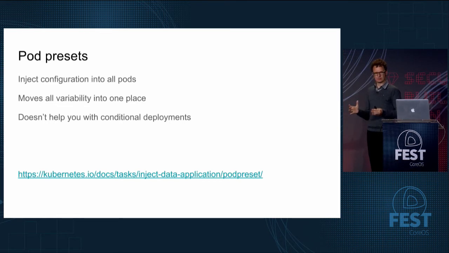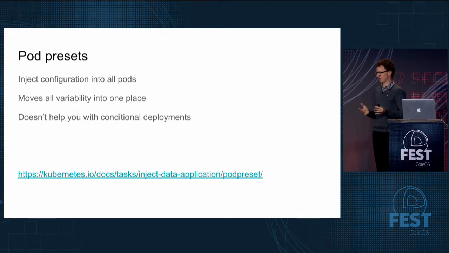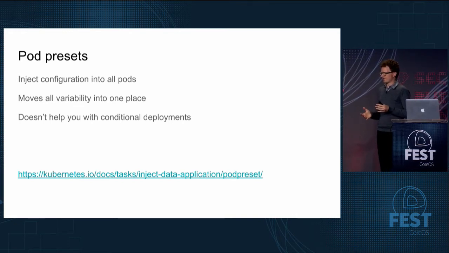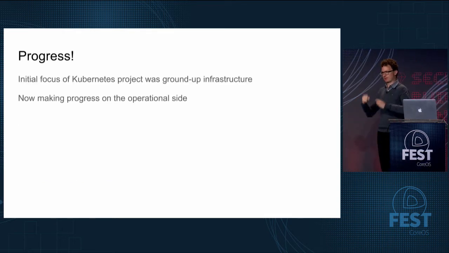So this helps to move some of the variability into one place. It doesn't really help you with conditional deployments, and there's a bit of a danger of becoming untransparent. If you have lots of these, it becomes a bit more difficult to find out what the final result will be. But still, this might be useful, so have a look at it. Could help you out. So yay, progress.